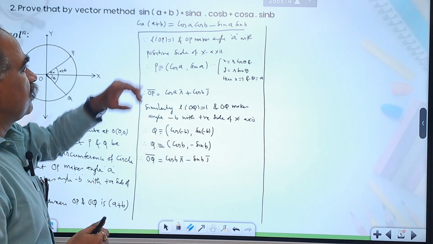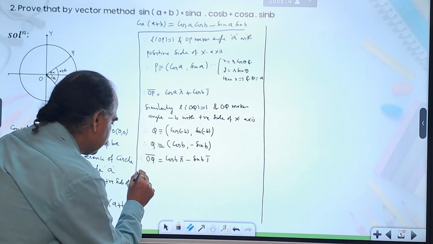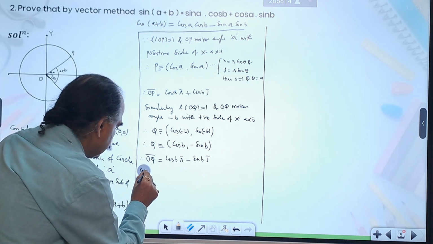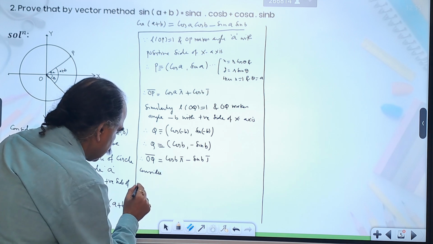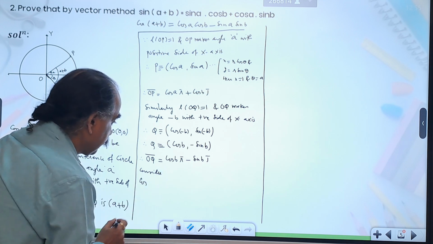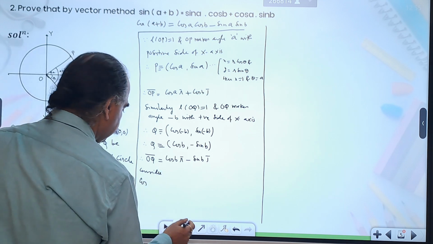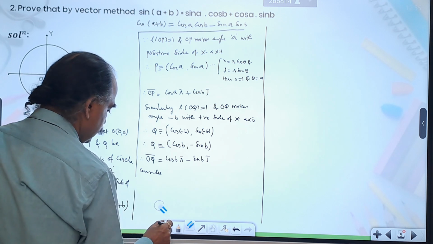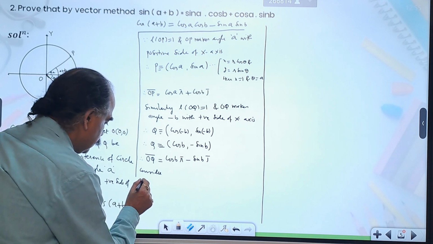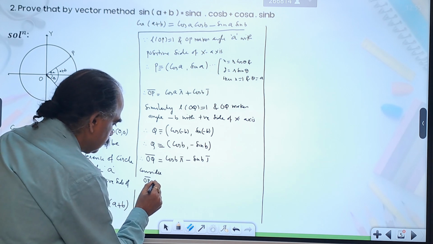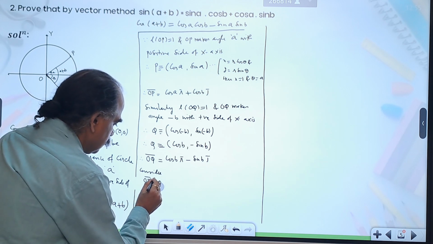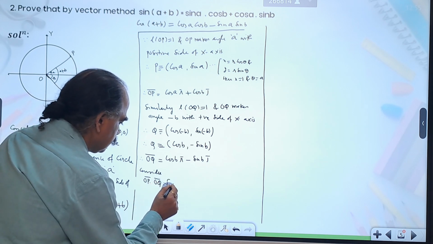Now we'll prove first cos A plus B. Consider OP bar dot OQ bar. OP bar dot OQ bar is what?